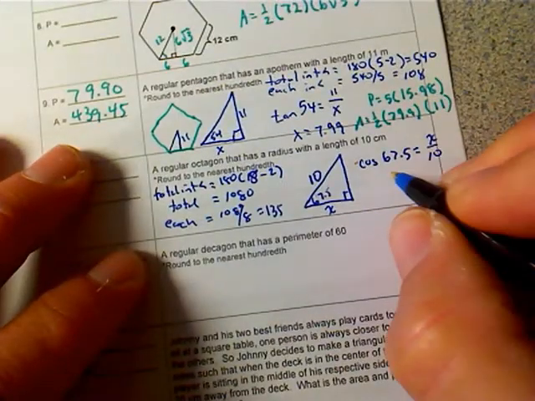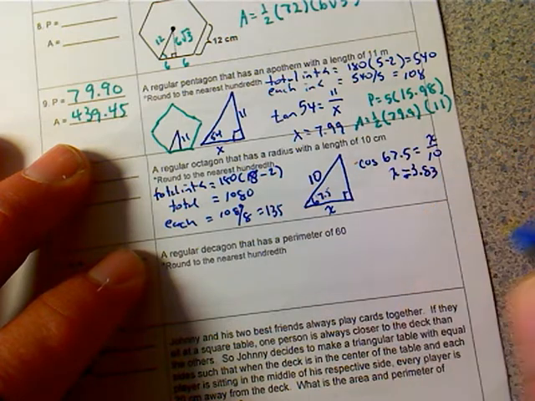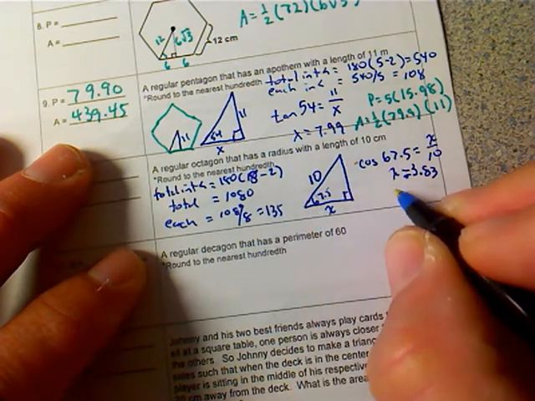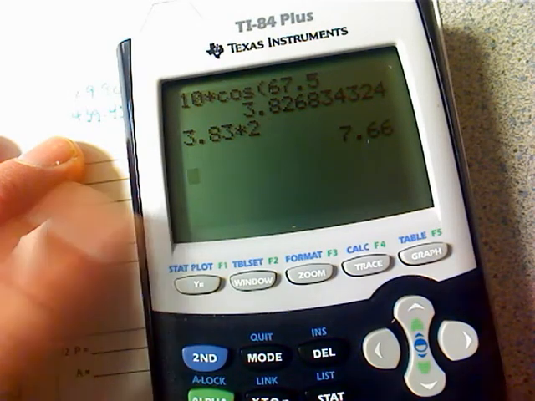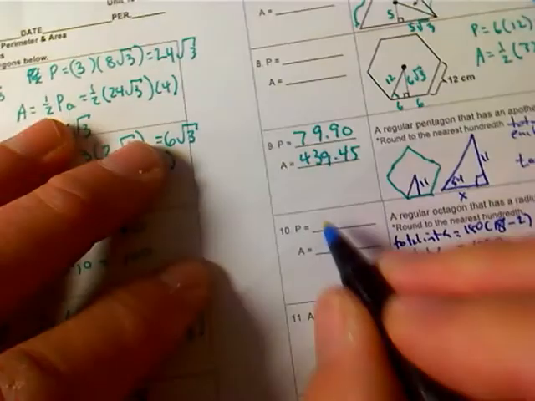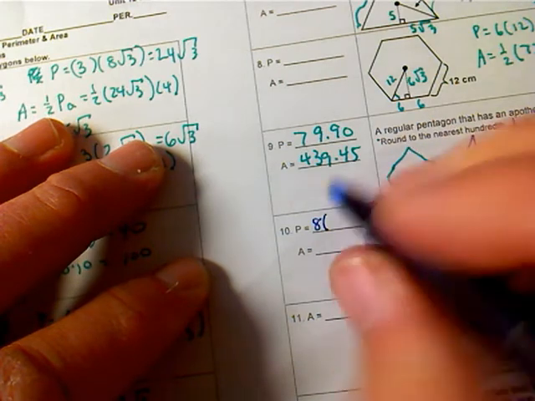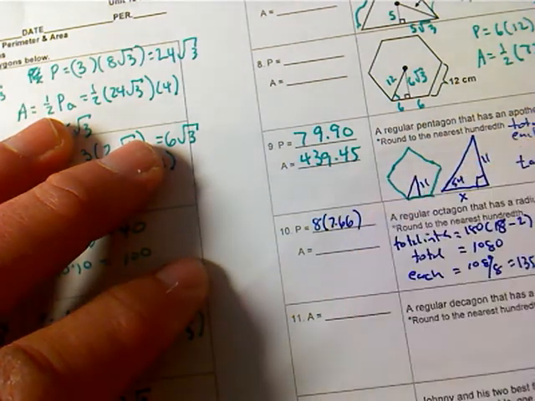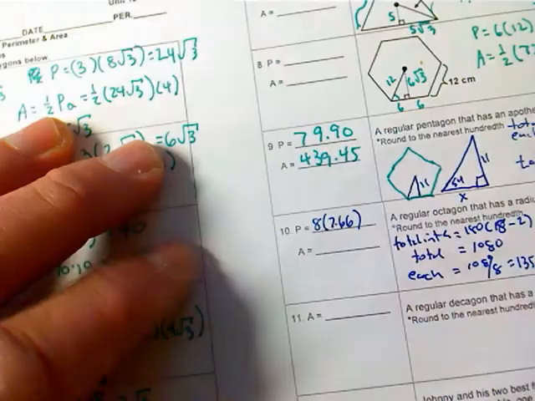So x is 3.83, which means that whole side is 3.83 times 2, 7.66. So the perimeter, I'll write it over here, is going to be 8 sides that are all 7.66 long. So 8 times 7.66 is 61.28.